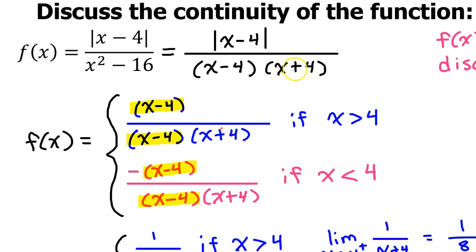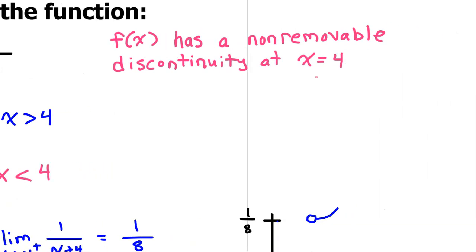Specifically, we know that there will be a vertical asymptote at x equals negative 4 because we have a factor in the denominator that will never be canceled out by anything in the numerator. A vertical asymptote is a non-removable discontinuity. So we can say that f of x has a non-removable discontinuity at x equals 4 and x equals negative 4.